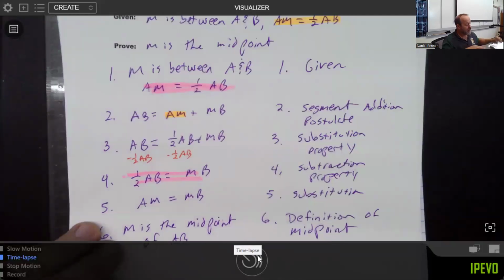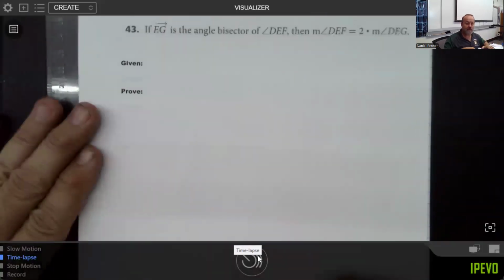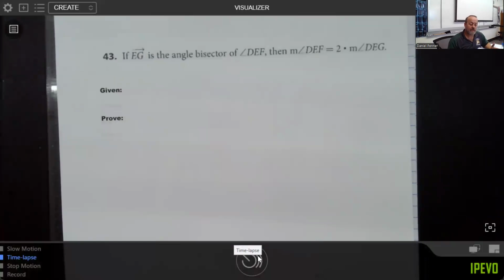Okay. Now, number 43 is a very, very similar problem to number 42, but it doesn't talk about segments, it talks about angles. So the first thing challenge-wise, we need to go ahead and figure out what my given is, what I'm trying to prove, and maybe come up with a reasonable diagram that makes sense.